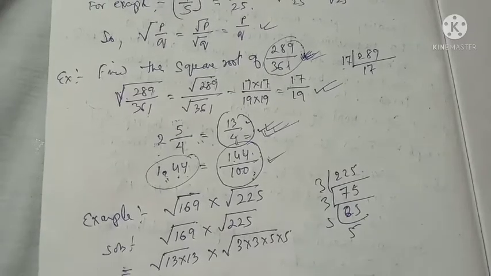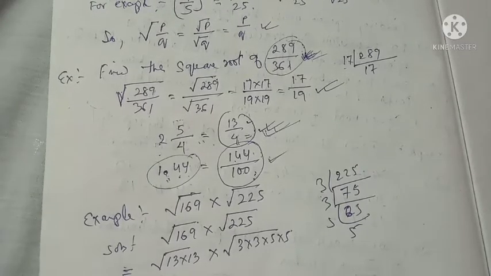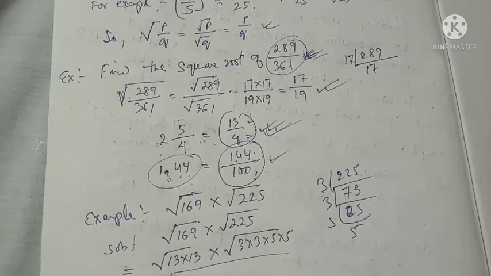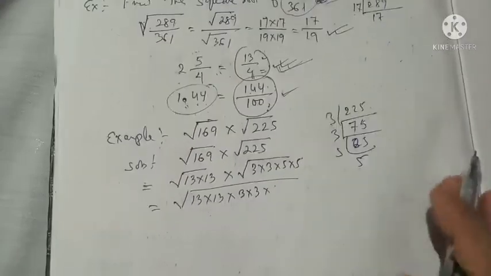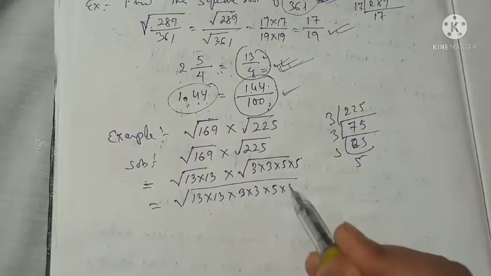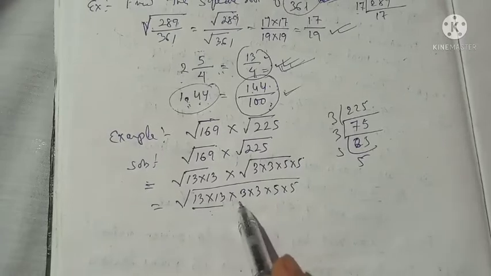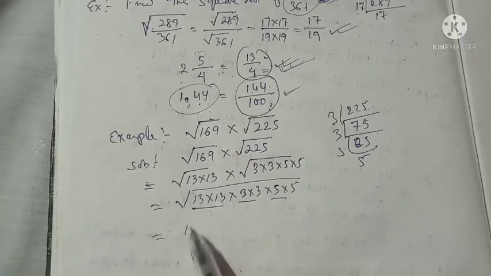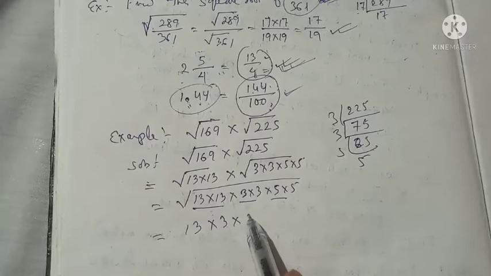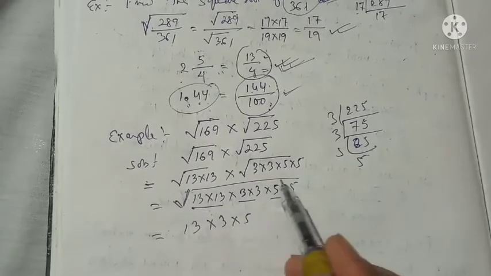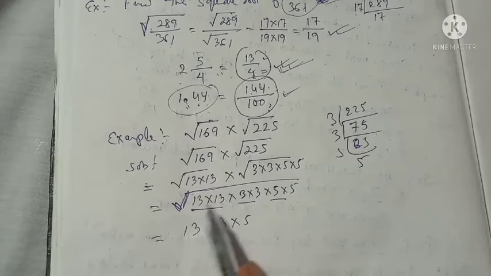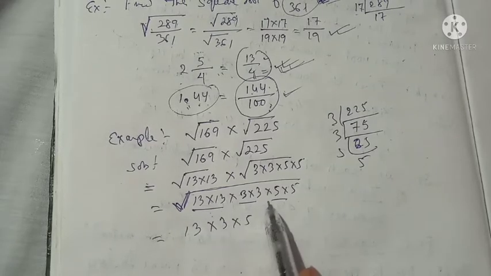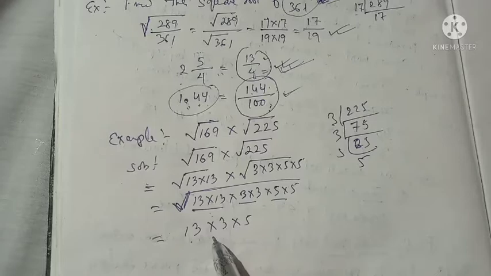Now you multiply all together: 13 into 13 into 3 into 3 into 5 into 5. Now you take only one from each pair. Then you will get 13, 3 and 5. The square root will disappear after getting one of each, because we are taking only one, so that is why 13 into 3 into 5.